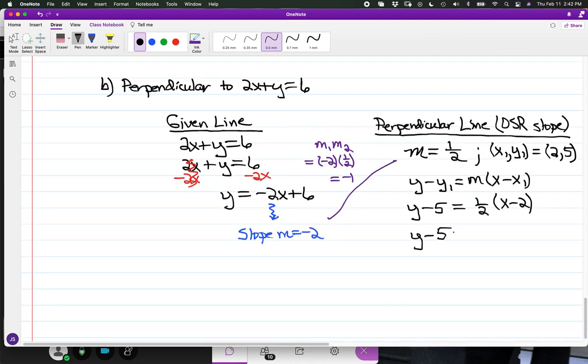With distributing, we have 1/2 of x, and 1/2 of -2 becomes -1. And adding 5 to both sides, we're going to have that y is equal to 1/2 of x plus 4.